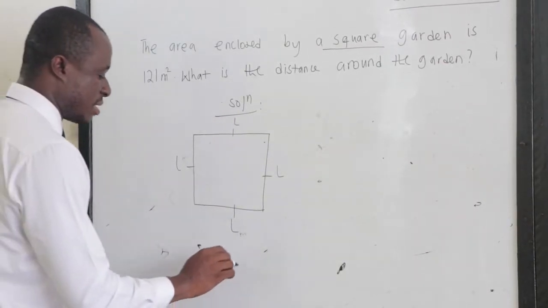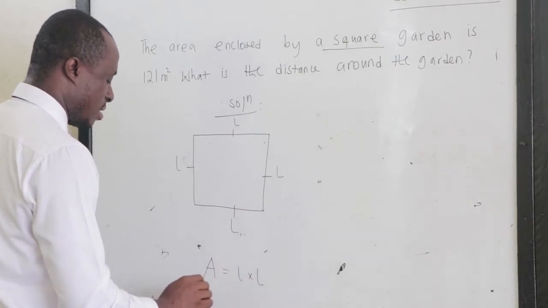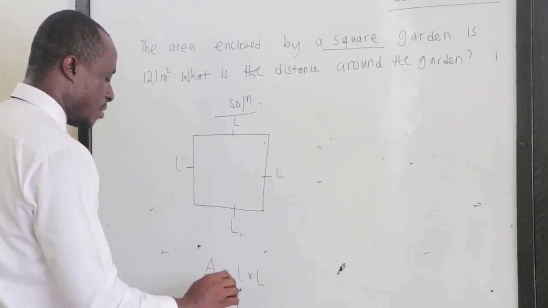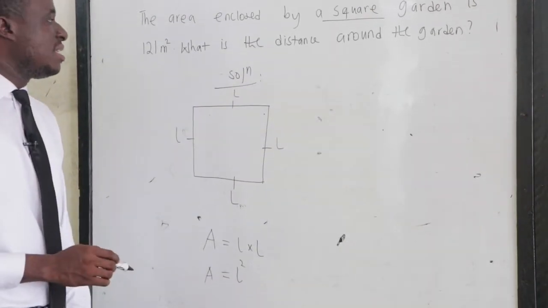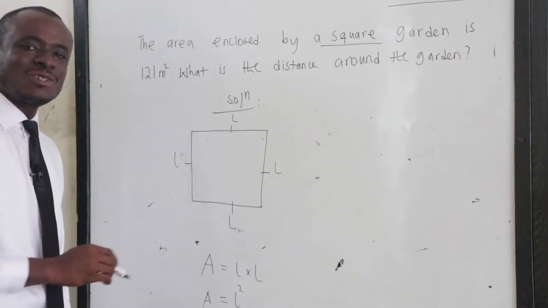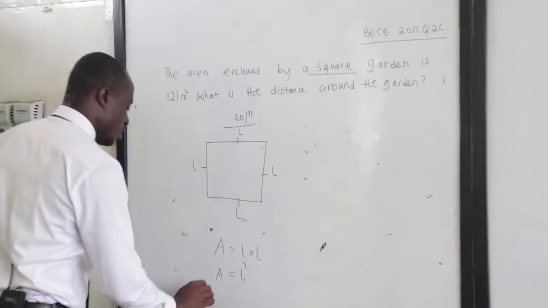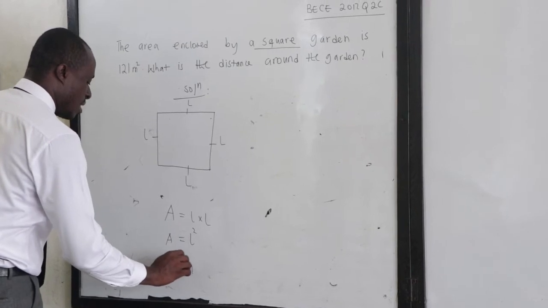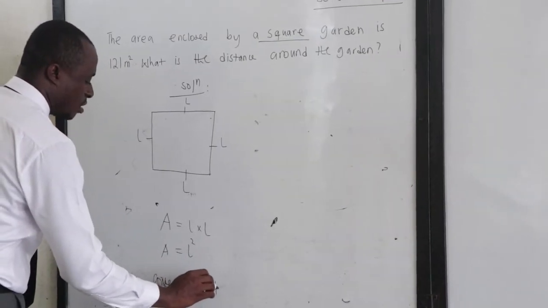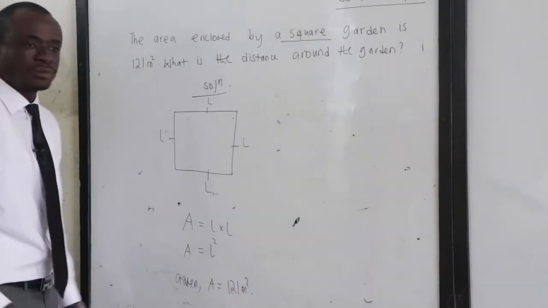Area of a square is L times L, which gives us L squared. Now, from the question, what have we been given? They are saying that the area is 121 meters square.